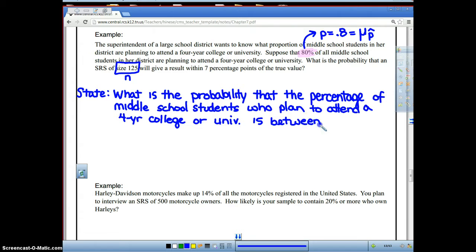So that would be 7 below it, which would be 0.73, 73%, and 7 above it, which would be 87%.